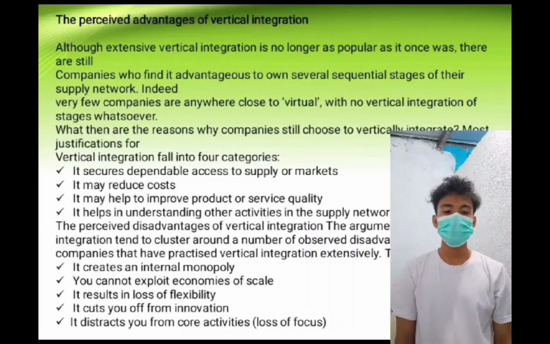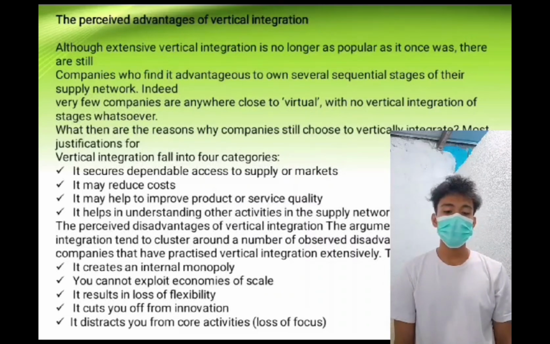The perceived disadvantages of vertical integration. The arguments against vertical integration tend to cluster around a number of observed disadvantages of those companies that have practiced vertical integration extensively. These are the following.